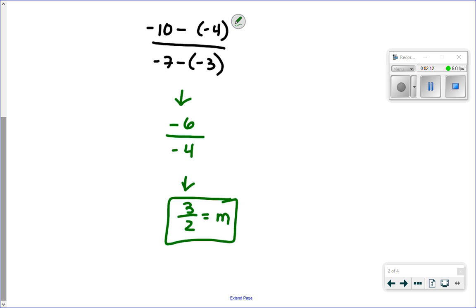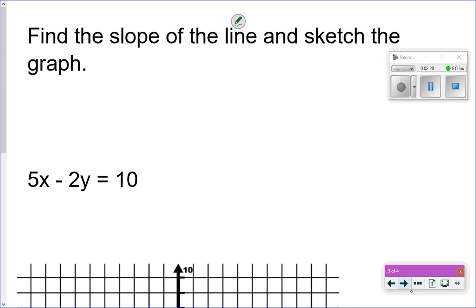Okay, so that's just a brief overview of finding the slope between 2 points. We should remember that from previous classes. Okay, the next problem says find the slope of the line and sketch the graph. So I'm given an equation in standard form. That means the x and the y are on the same side of the equal sign. I need to solve this for y, get it in slope-intercept form, identify the slope, and then sketch the graph.